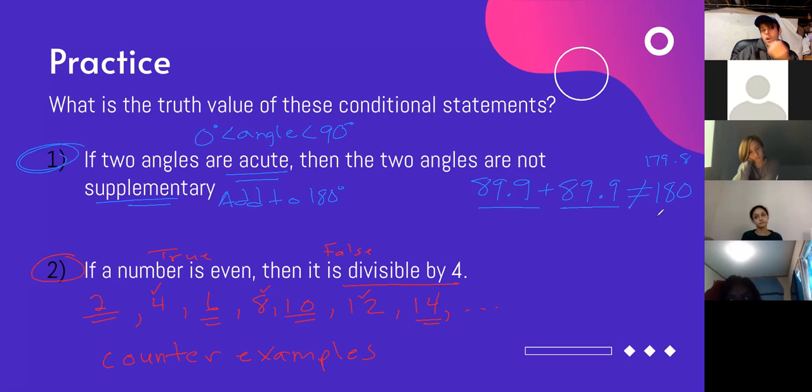It might be where you find your counterexamples, or it might be where you're able to show that you can't come up with a counterexample. It's a helpful way to start thinking about these problems anyway. So even the biggest acute angles we could come up with still won't be supplementary. So that's still true. So this is a true conditional statement, because really to get 180, we would need a 90 and a 90. And a 90 and a 90, that doesn't work for the first part. That's not a true hypothesis anymore. So that actually doesn't work for us.